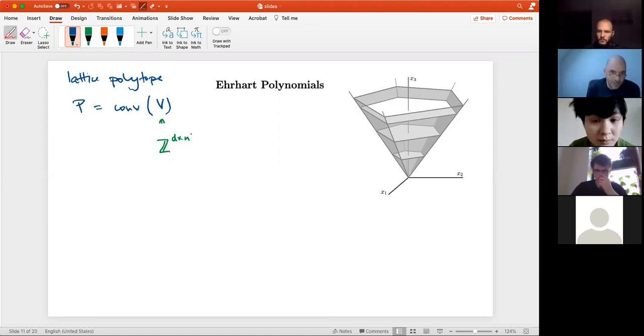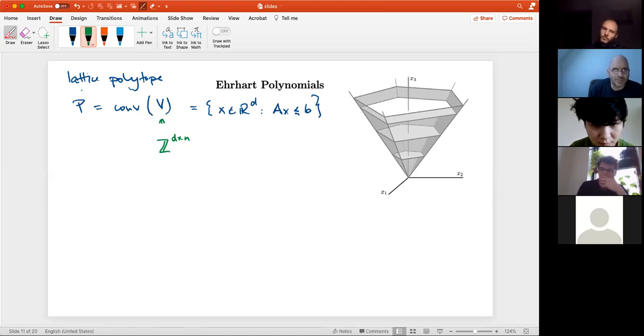And as we said yesterday, there's a dual description of a polytope as the solution set to a system of linear inequalities. So lattice refers to this choice here, our vertex description.